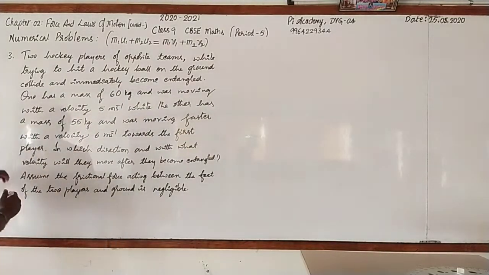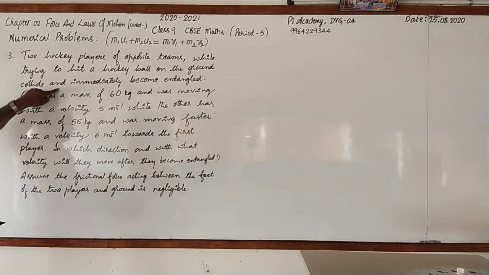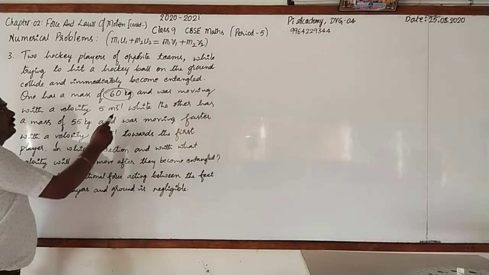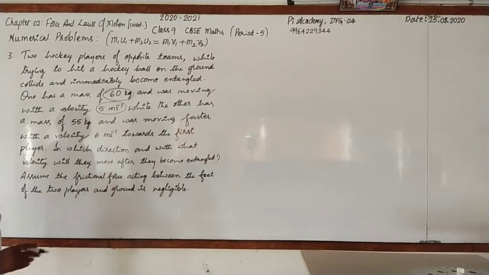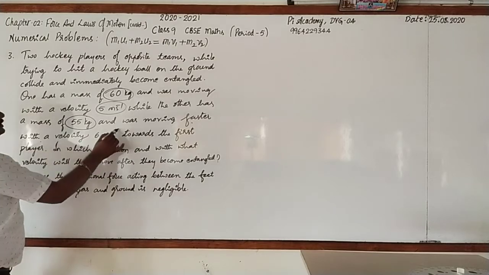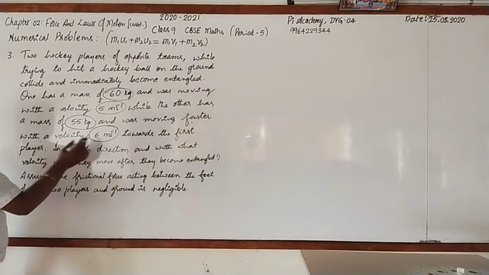It is: two hockey players of opposite teams, while trying to hit a hockey ball on the ground, collide and immediately become entangled. One has a mass of 60 kg and was moving with a velocity 5 meter per second, while the other has a mass of 55 kg and was moving faster with a velocity 6 meter per second towards the first player.